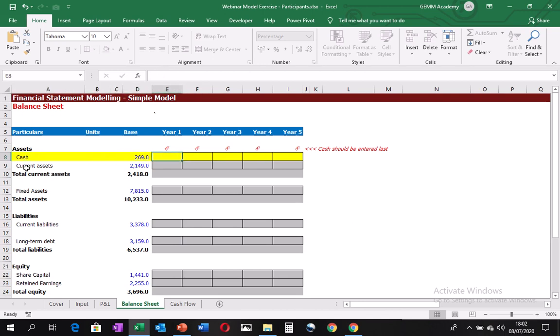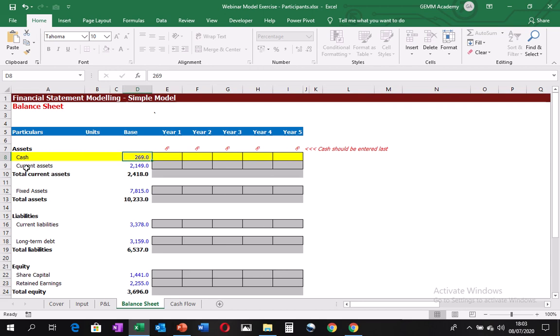In fact, cash is the balancing item in your balance sheet, which is determined by the forecast in the cash flow statement. So the ending cash balance in the cash flow statement is interlinked to serve as a balancing item in your balance sheet. So we are going to leave this part blank for now.